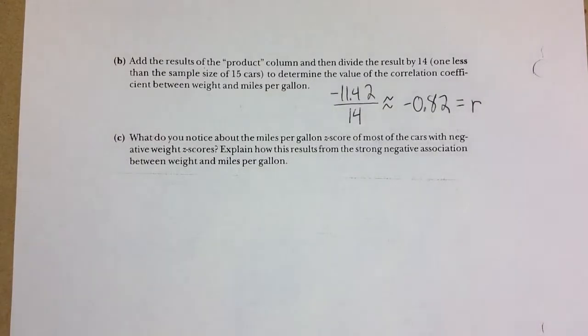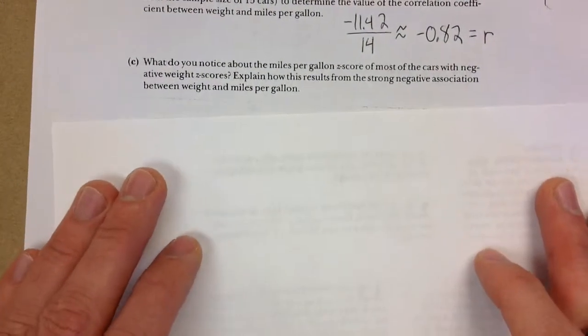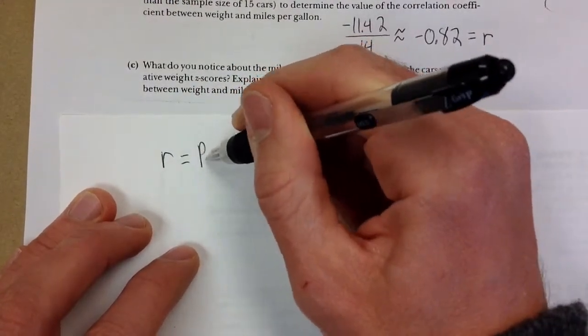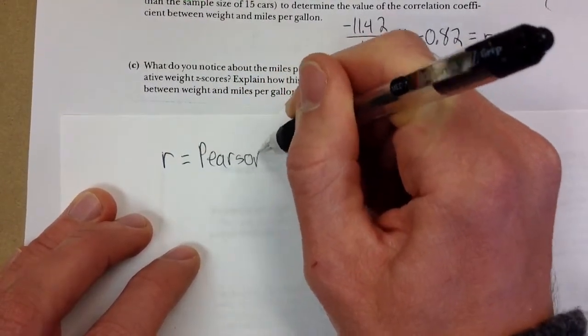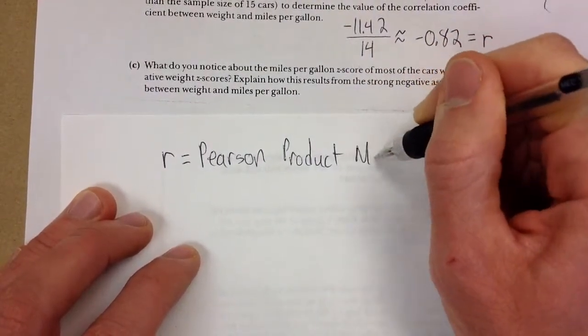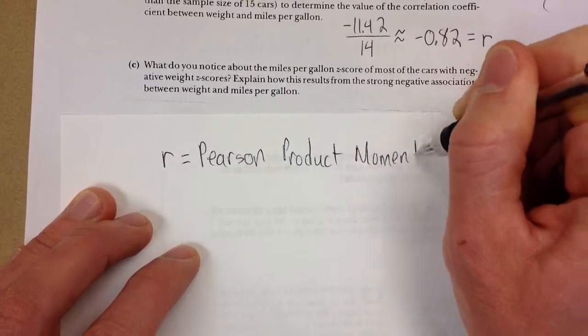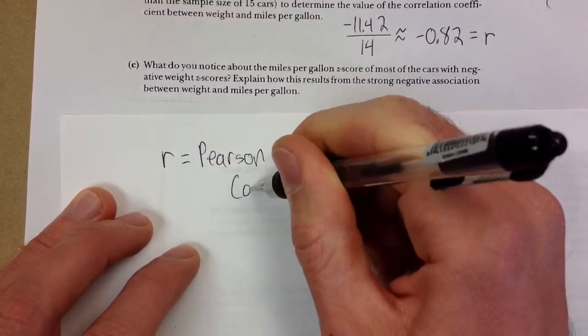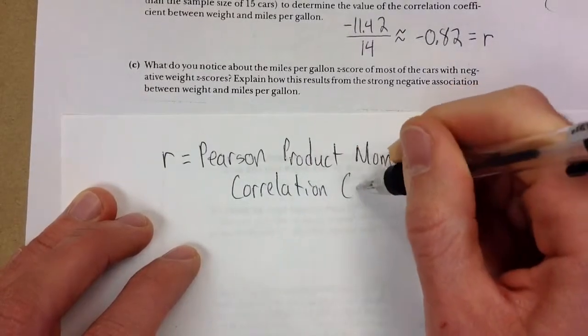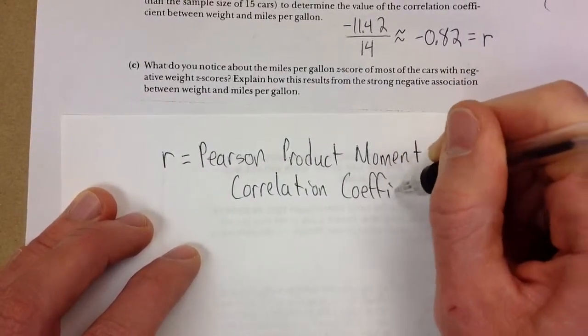Can you repeat how you tell if it's like strong or weak? Yes. R. Full name, the Pearson product moment correlation coefficient.